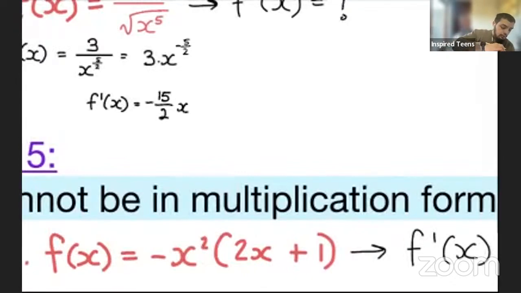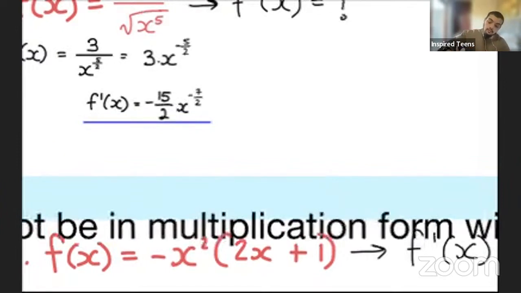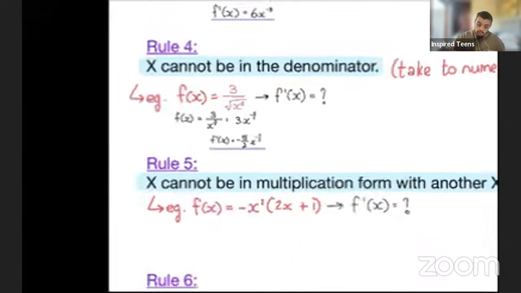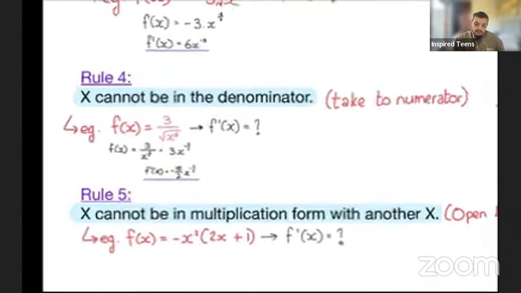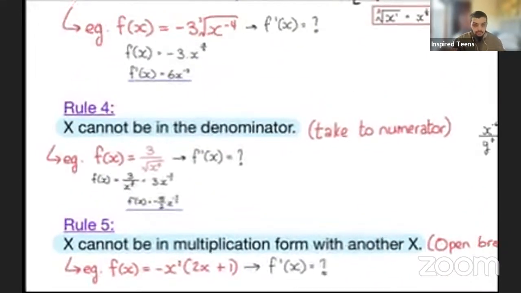Negative 5 over 2 minus 1 is negative 7 over 2. So it becomes negative 15 over 2 times x to the power of negative 7 over 2. This is the first derivative of the function. Hope that makes sense. So x cannot be in the denominator, nor can x be in a surd. That's how we differentiated it.